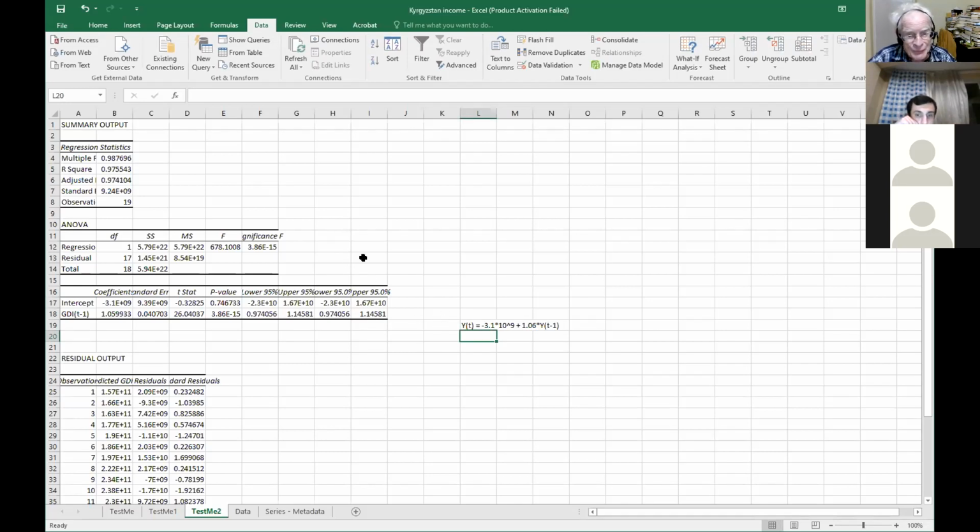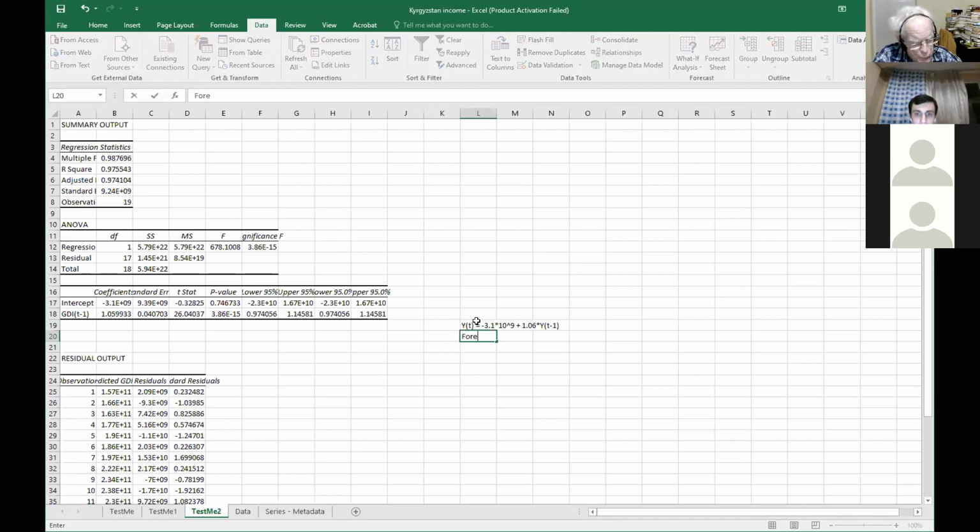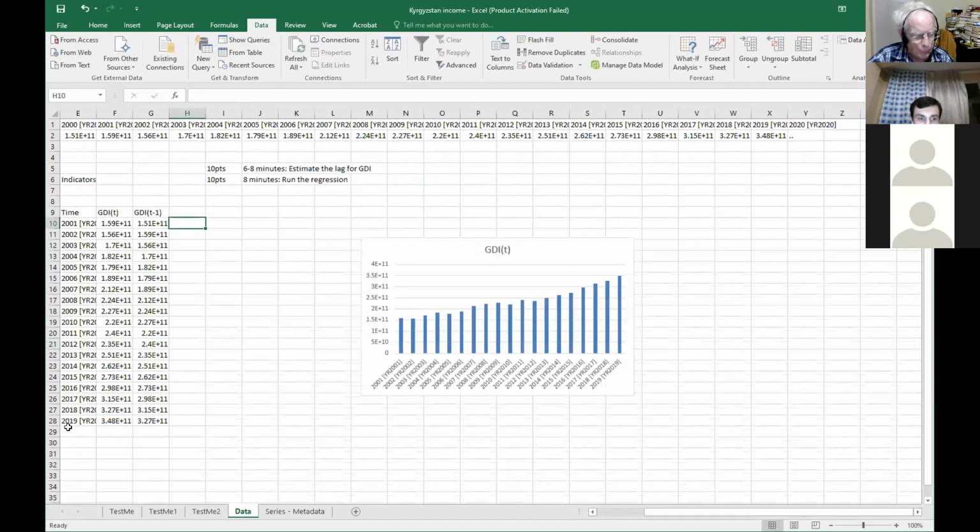Okay, good. So now the task is to go ahead and forecast Y at time t plus 1. The t plus 1 is pretty funny. The data are ranging up to 2019.